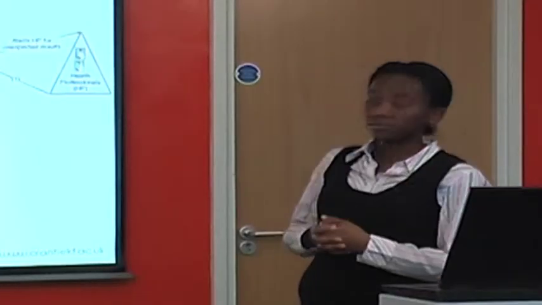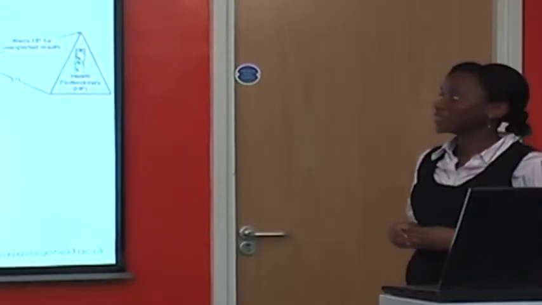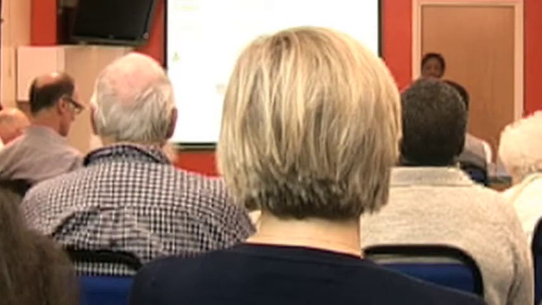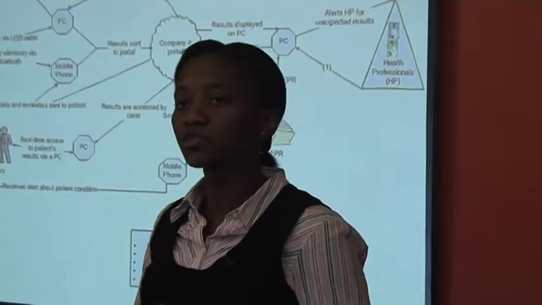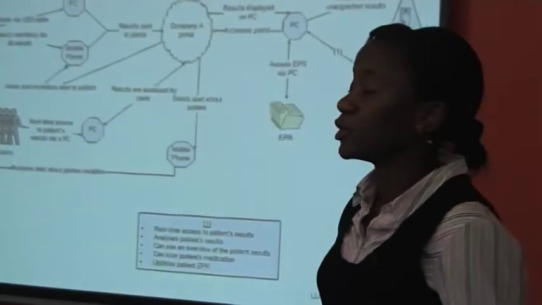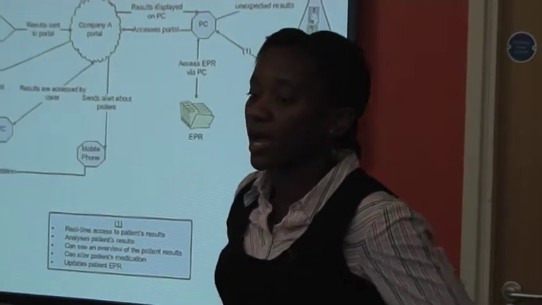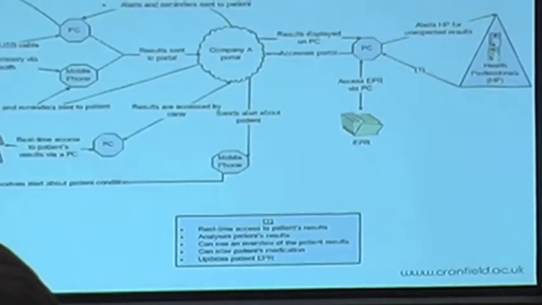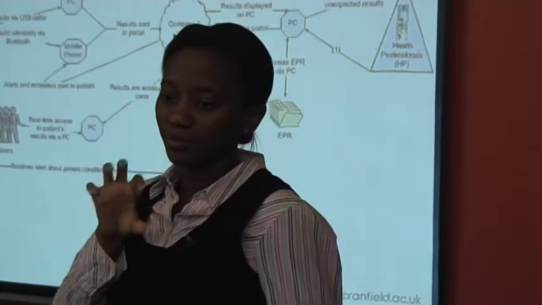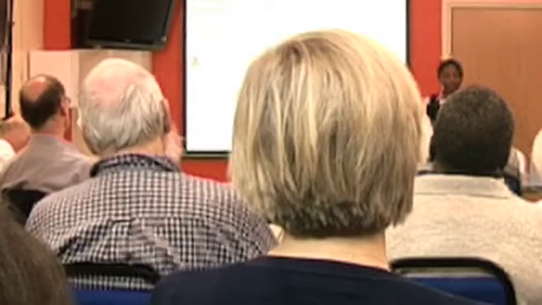So the diagram behind me shows a typical telehealth system, and it shows the interaction between the patient at that end with the health professional at this end. And it shows the different types of components that are involved. So you have the glucometer if it's somebody monitoring diabetes.